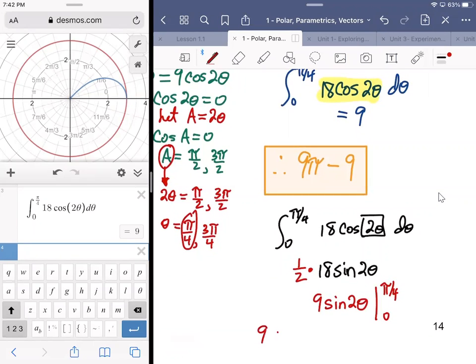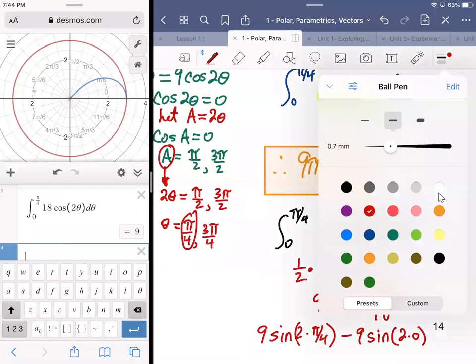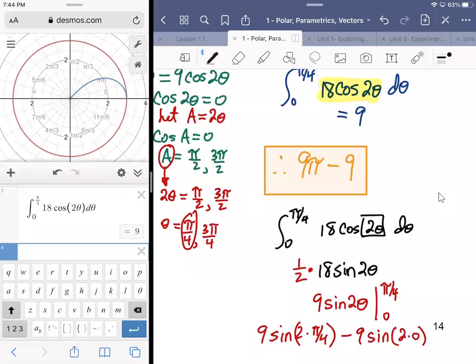So 9 sine of 2 times pi over 4 minus 9 sine of 2 times 0. The 2 times 0 is going away because sine of 0 is 0, so this whole part wipes out. 2 times pi over 4 is pi over 2.